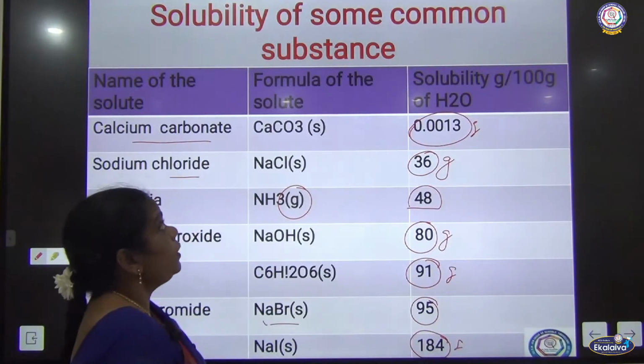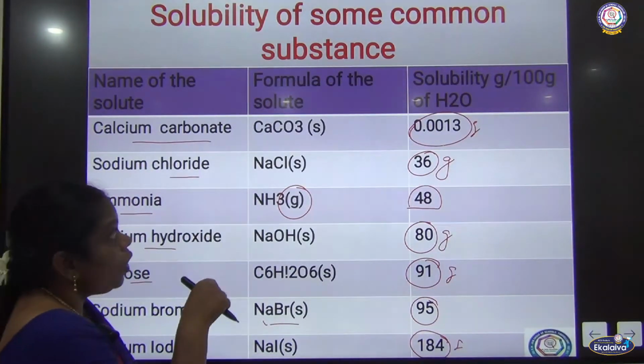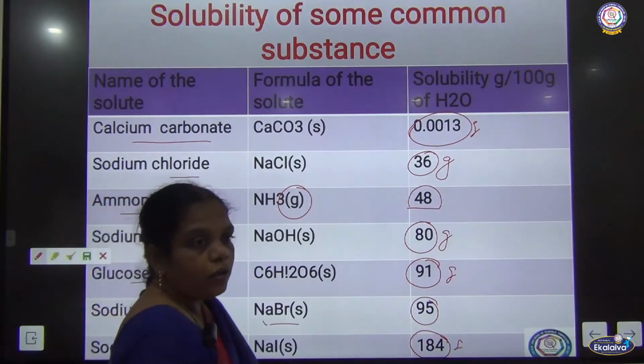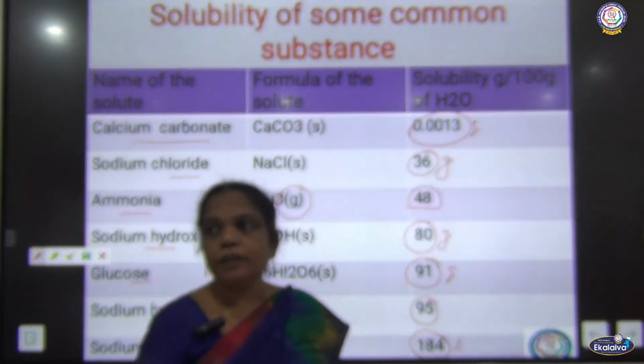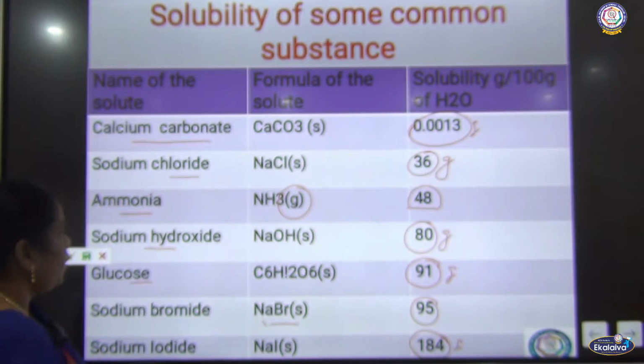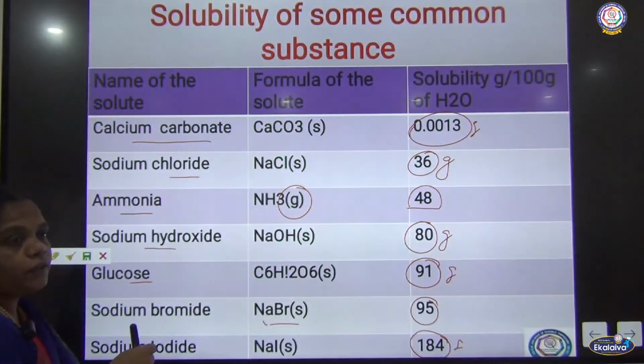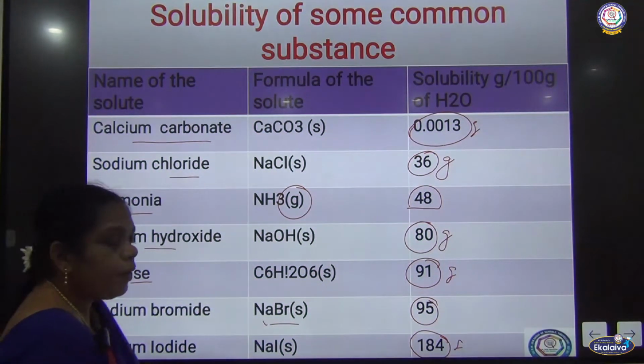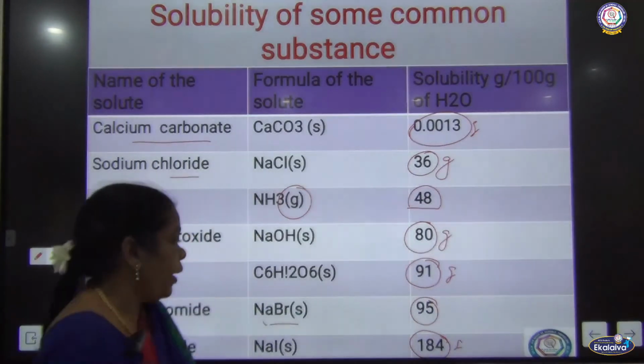So these are some common solubility amounts, or saturated points, of compounds like calcium carbonate, sodium chloride, sodium hydroxide, glucose, sodium bromide and sodium iodide.